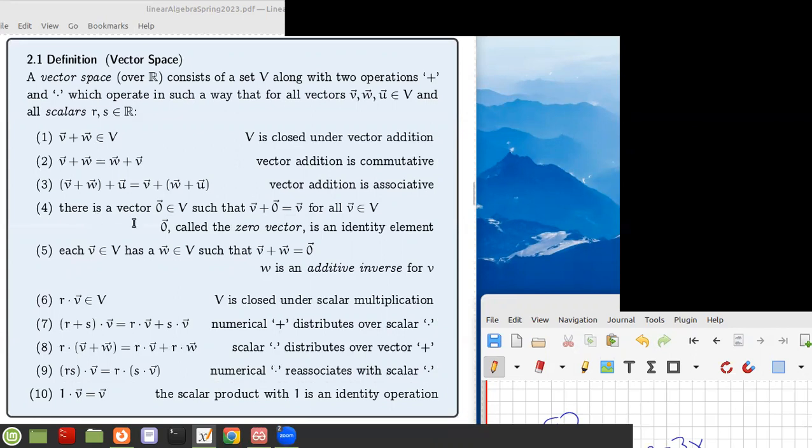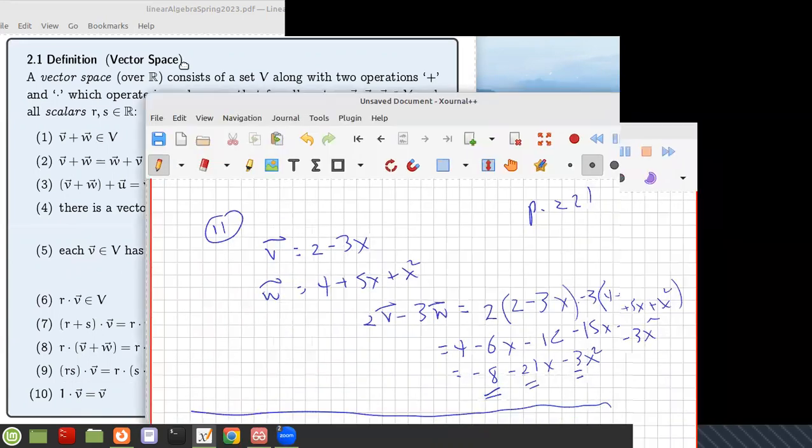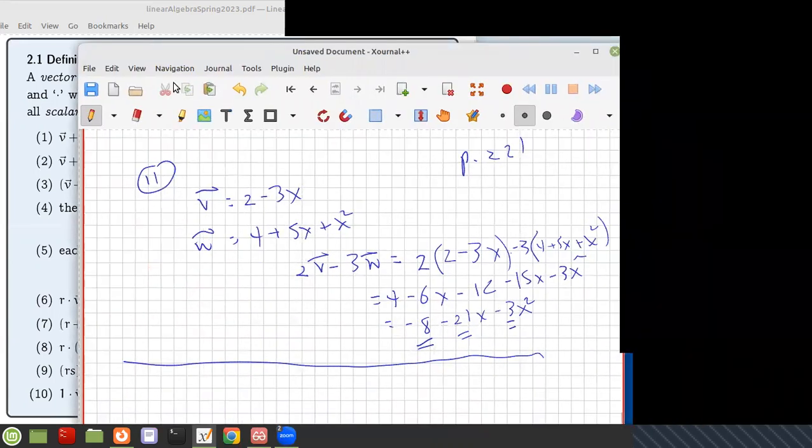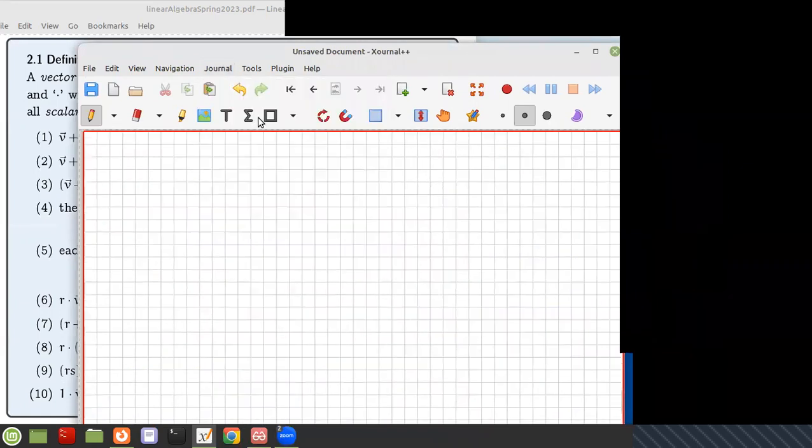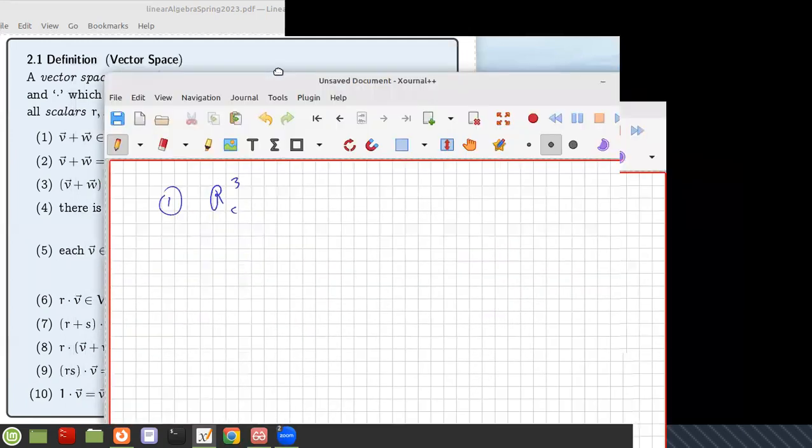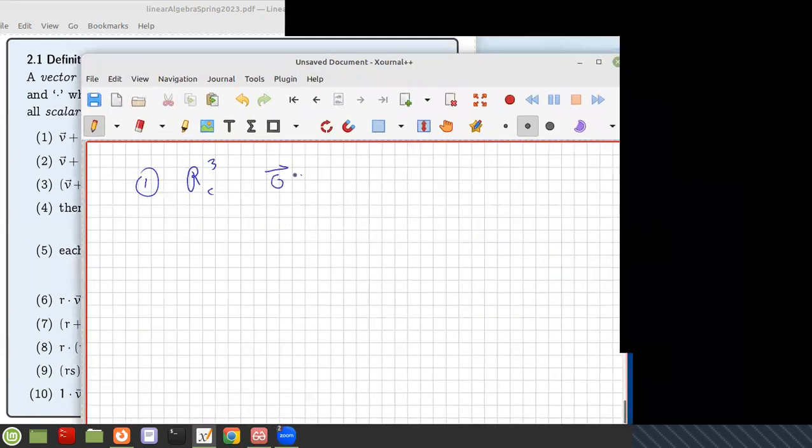Here's one. There's a vector 0 such that V plus 0 equals V. We can go through each case. In R3, the 0 vector equals (0, 0, 0).